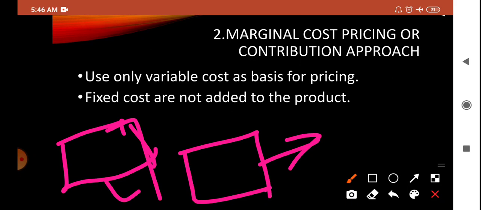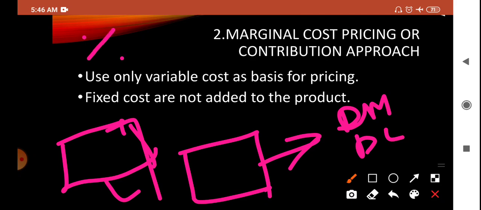Here marginal cost pricing includes only the variable cost, that is the cost of the direct materials, direct labor and other things which are used in the product. However, the fixed cost should be taken into consideration in determining the profit margin.